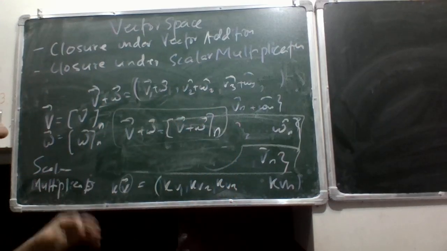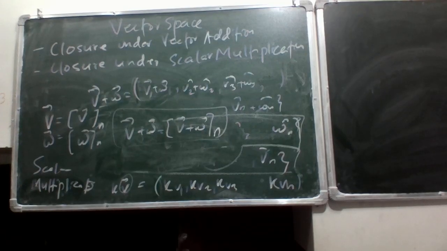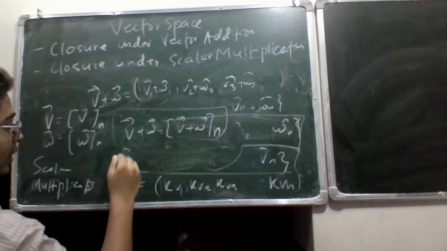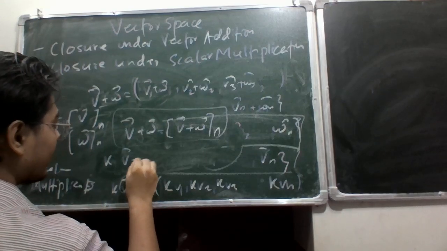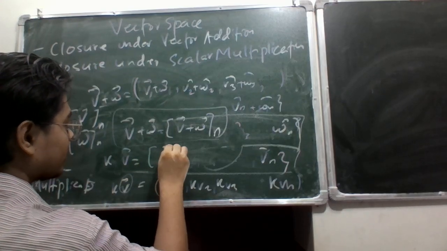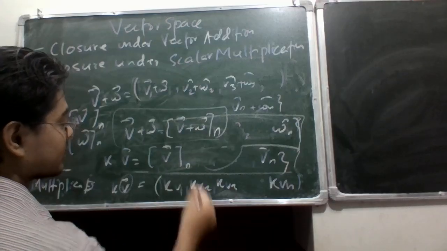The second thing you have seen is that whenever you have a vector and multiply it with k, which is a scalar, it again gives a vector of the same dimension.